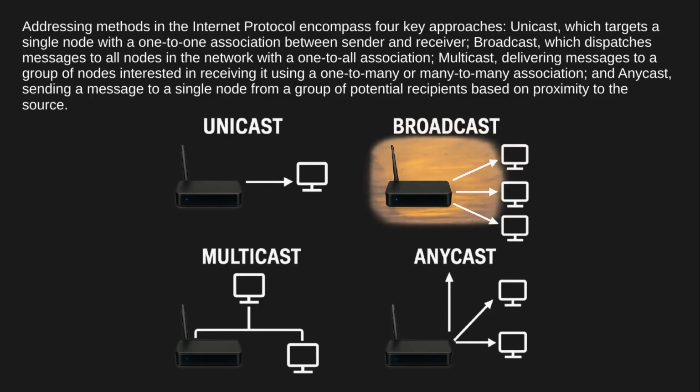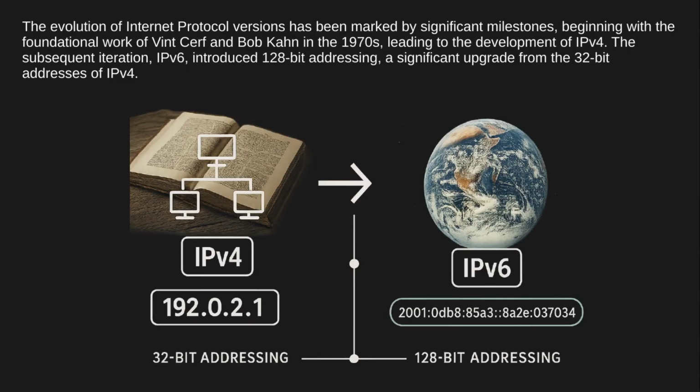source. The evolution of Internet Protocol versions has been marked by significant milestones, beginning with the foundational work of Vint Cerf and Bob Kahn in the 1970s, leading to the development of IPv4. The subsequent iteration, IPv6, introduced 128-bit addressing, a significant upgrade from the 32-bit addresses of IPv4.